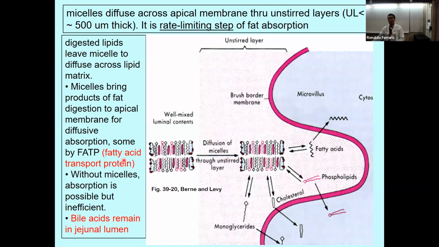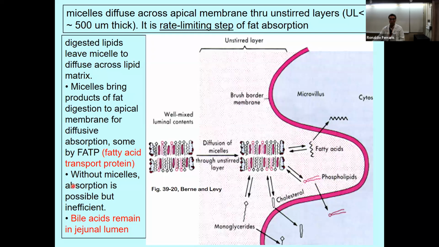So a major protein that facilitates the mediated absorption of hydrophilic fatty acids through the lipid bilayer is this FATP transporter, or in short, the fatty acid transport protein. So this is very easy to remember.